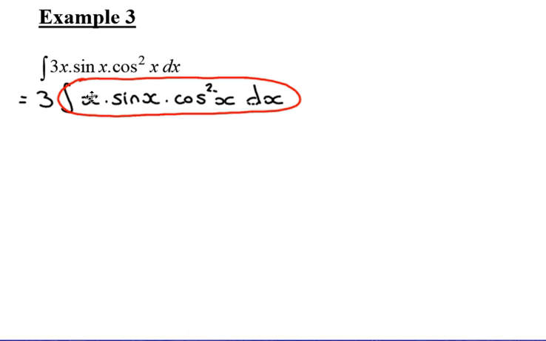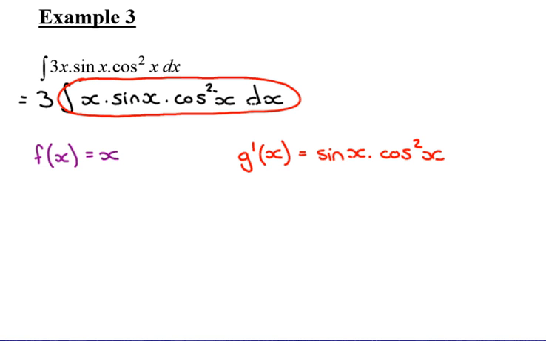Again, choose your function to be the algebraic expression, which means that my derivative function is going to be that whole story here. Sine x times by cos squared x. So here, the derivative of x is 1.